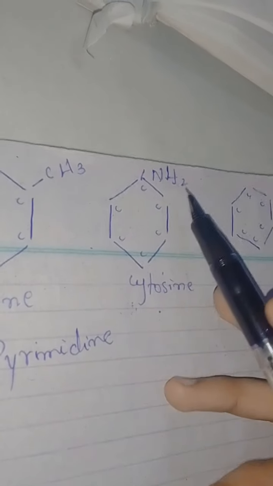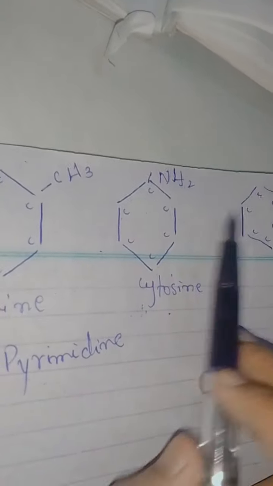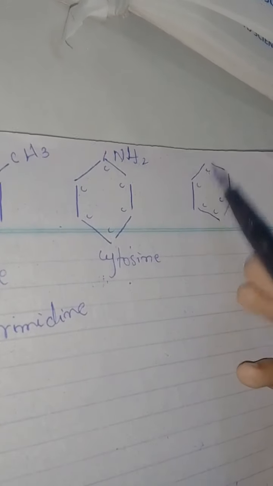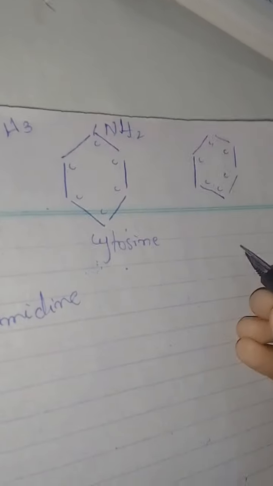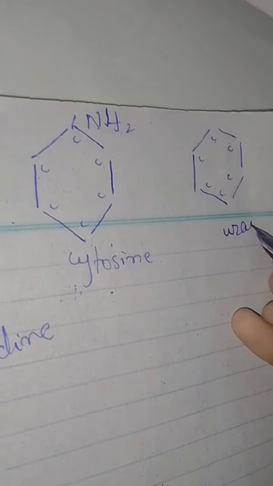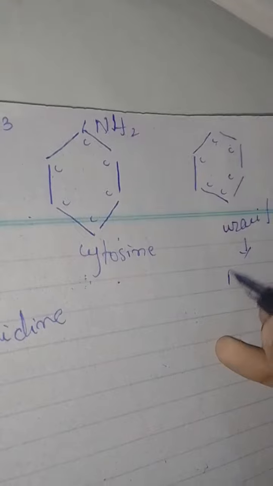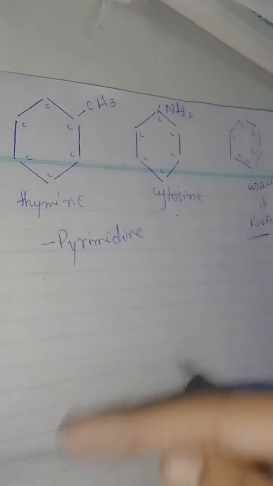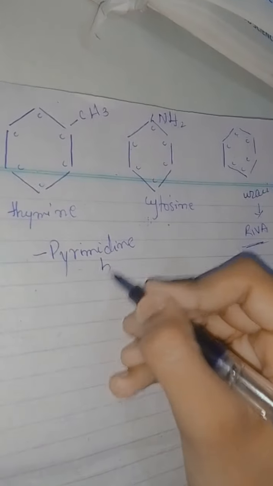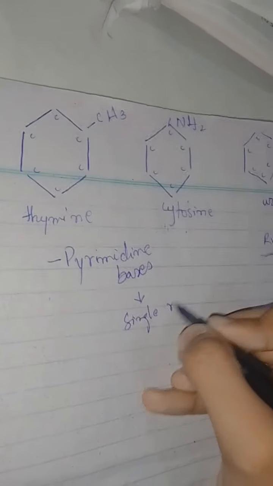And uracil has neither a CH3 group nor an NH2 group, so it is a simple single ring structure. Uracil is present in RNA and absent in DNA, and thymine is present in DNA, not in RNA. So these three are the pyrimidine bases with a single ring structure.